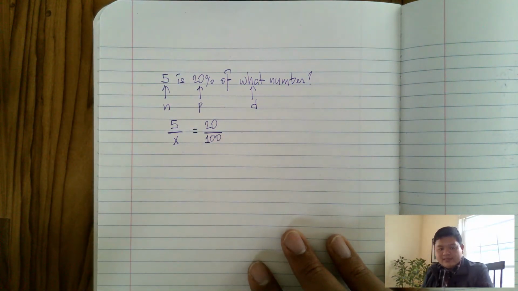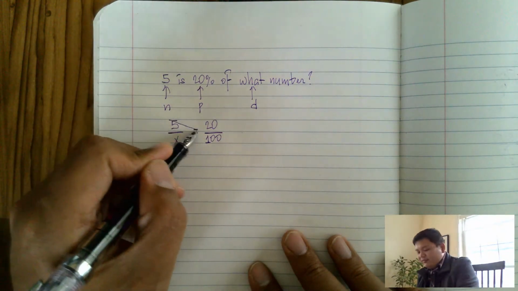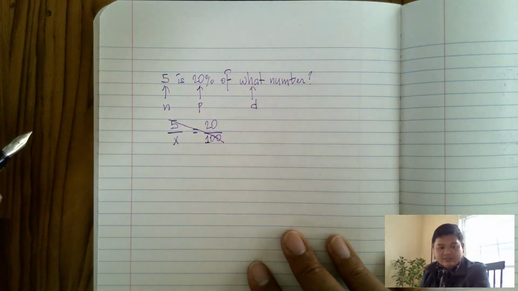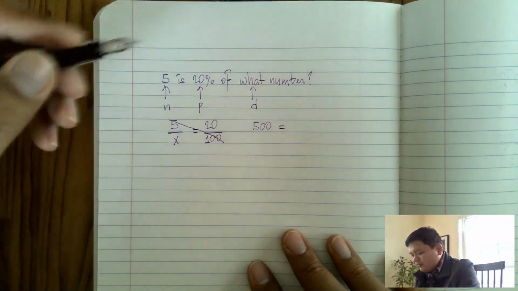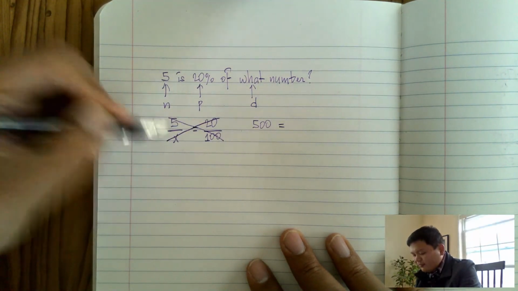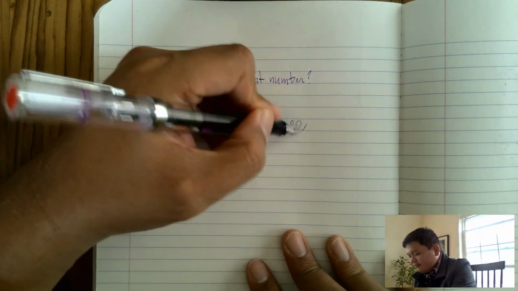Cross multiplying yields 5 times 100, or 500, is equal to 20 times x, or 20x.